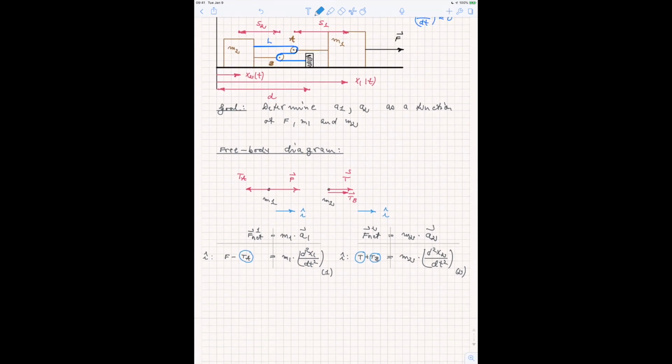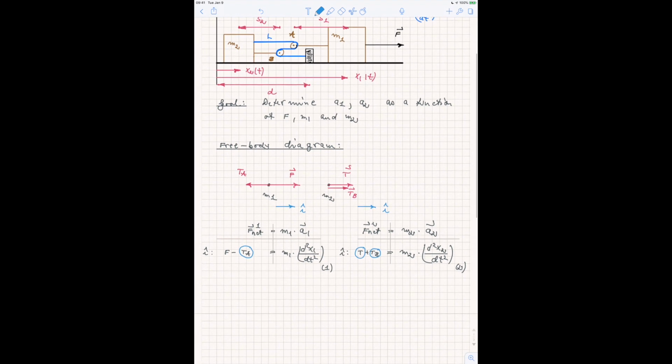Let me remind you that TA is the force acting on the right-hand side, that single string on pulley A. TB is the single force acting on the bottom of mass M2 connected to pulley B. And then there's the tension T wrapped around A, which continuously also goes around pulley B.